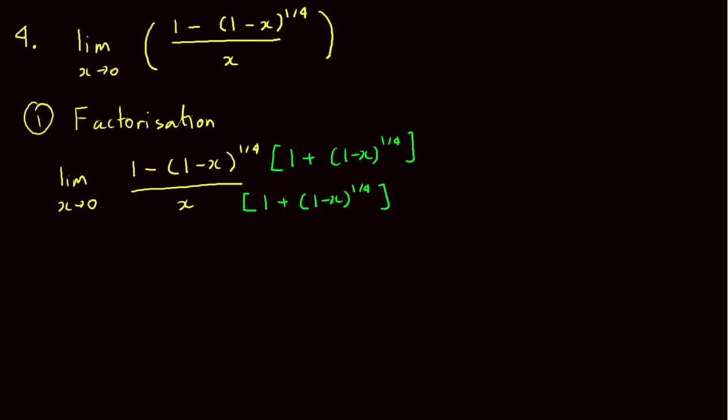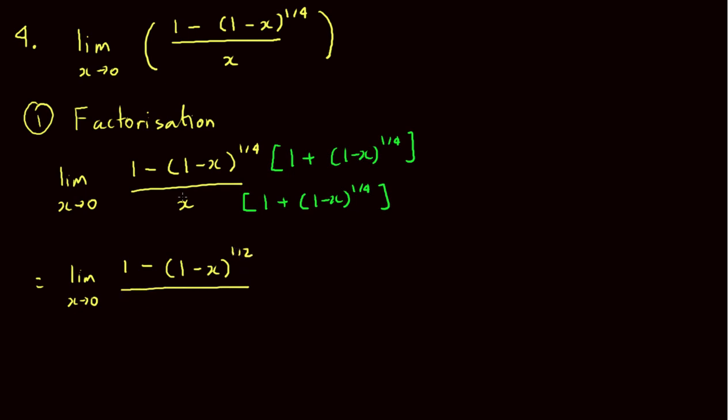Okay, as we try to solve this problem with factorization, we'll end up having 1 over 4 plus 1 over 4. What do we end up getting? We end up having (1 minus x) to the power of half.